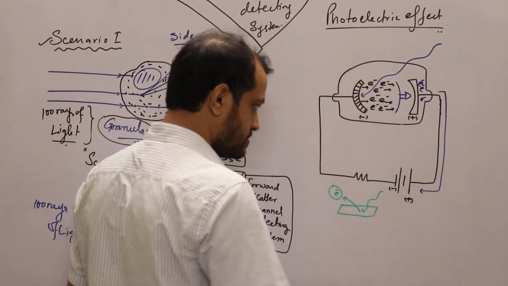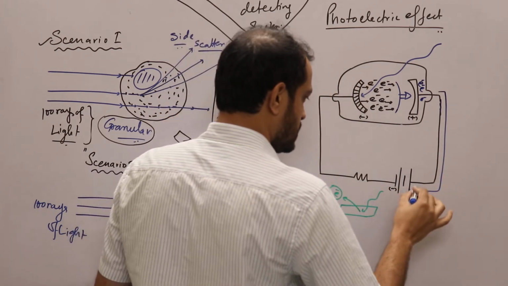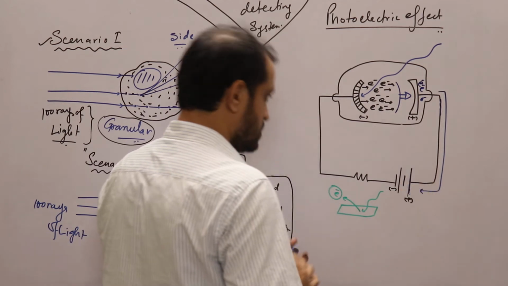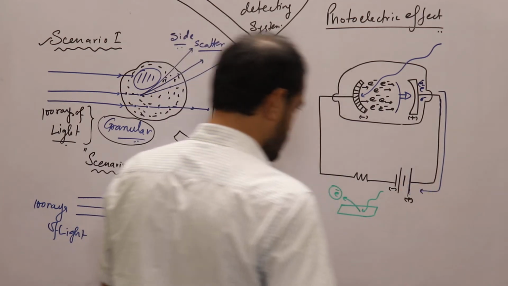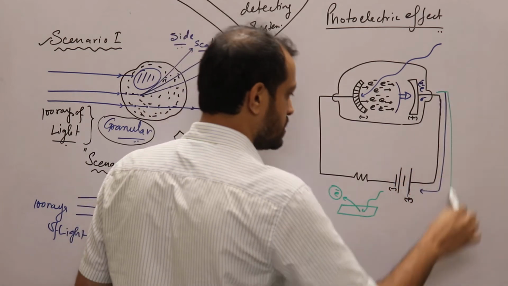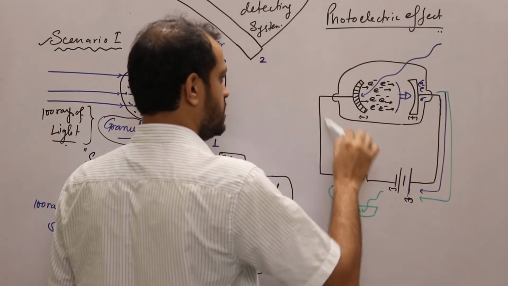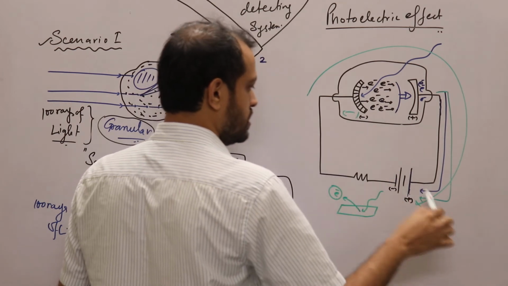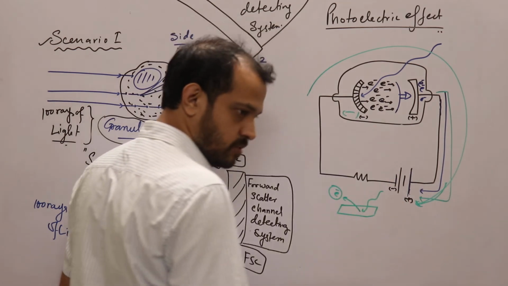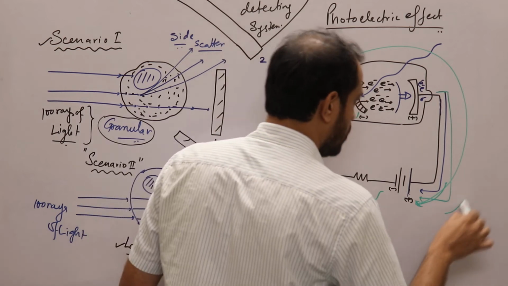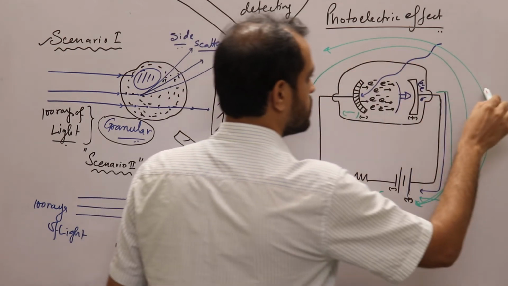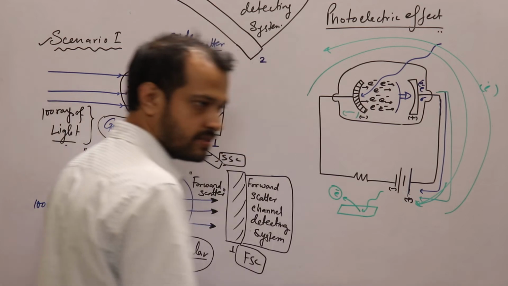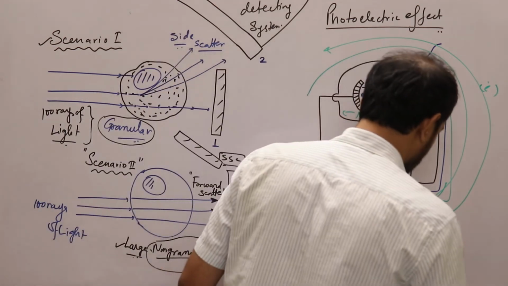So when an electron is going from here to here, from the negative pole towards the positive pole, that means in the opposite direction we have a current. That's why it is called the photoelectric effect.